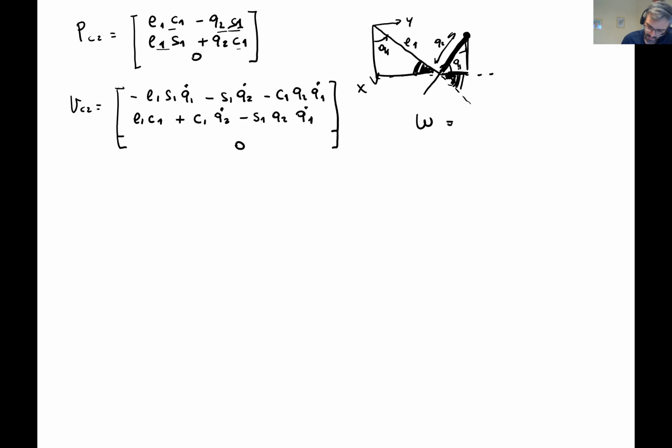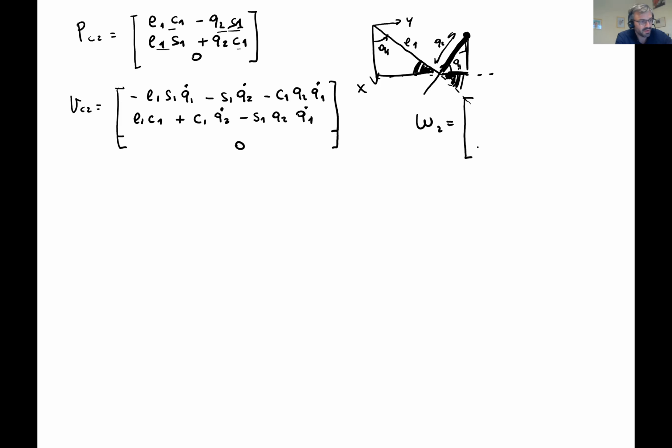The omega of the second link, does anybody have an idea of how much that is? How can it be written? Remember, the omega is the variation of the orientation of the frame attached to the second link.